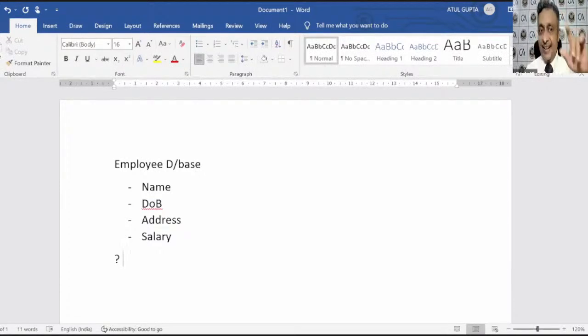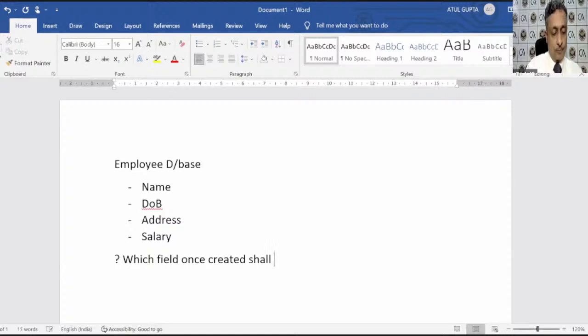The keyword is data edit. You have to answer in the chat box: of the 4 fields, which field once created will never be edited, never be edited? By the time you answer this, let me run through your queries.